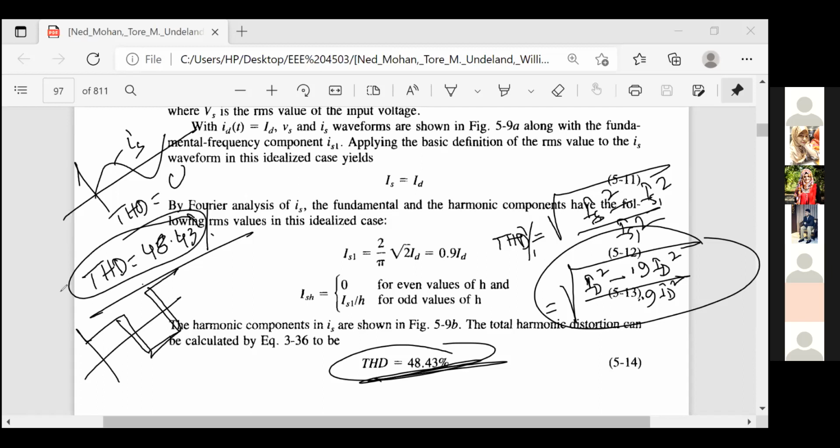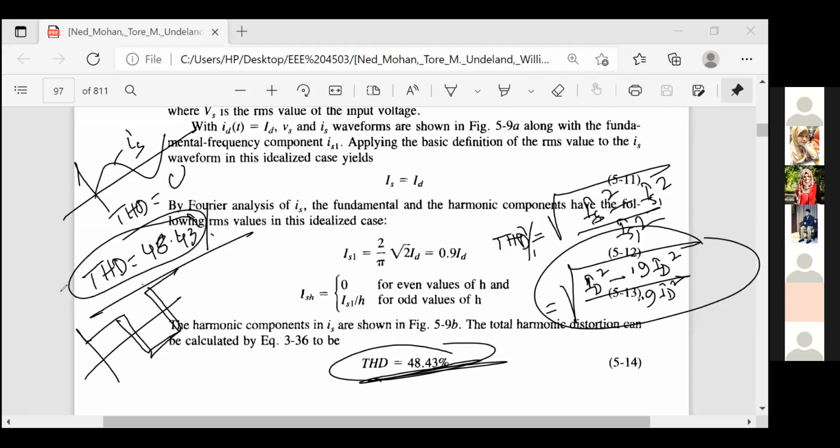You have distorted your input current from its sinusoidal value by a factor of 48.43%, and that is quite unacceptable.